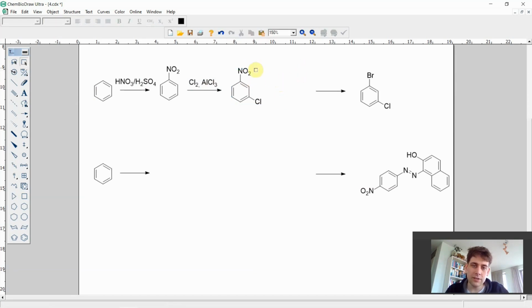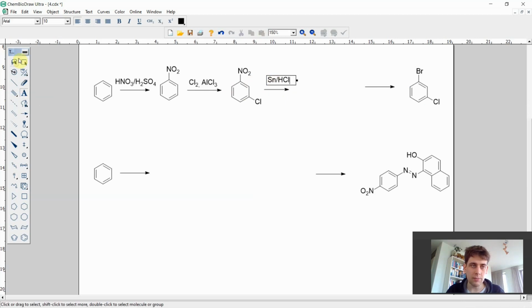And now we have this nitrochlorobenzene in meta position. So the already present substituents are in the right arrangement relative to each other. But now we still need to transform the nitro group into the bromo group somehow. And how we could do that is by first reducing our nitro group with, for example, tin in hydrochloric acid into an amino group.